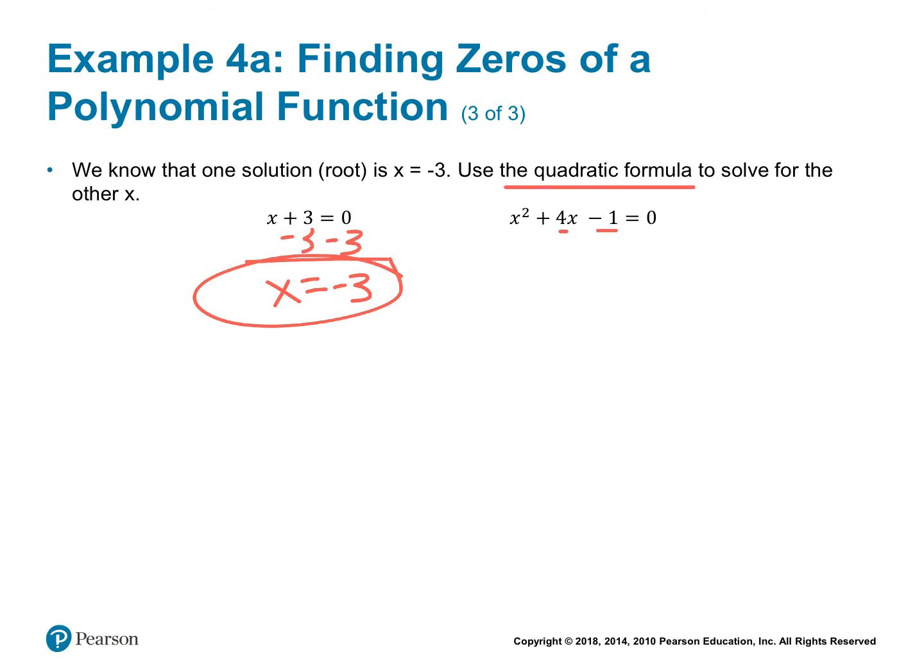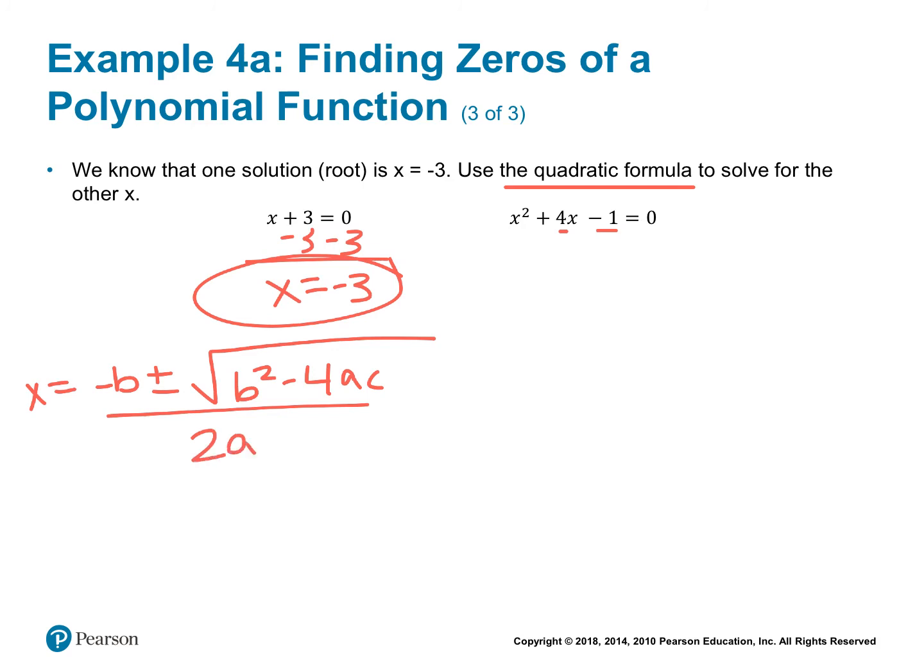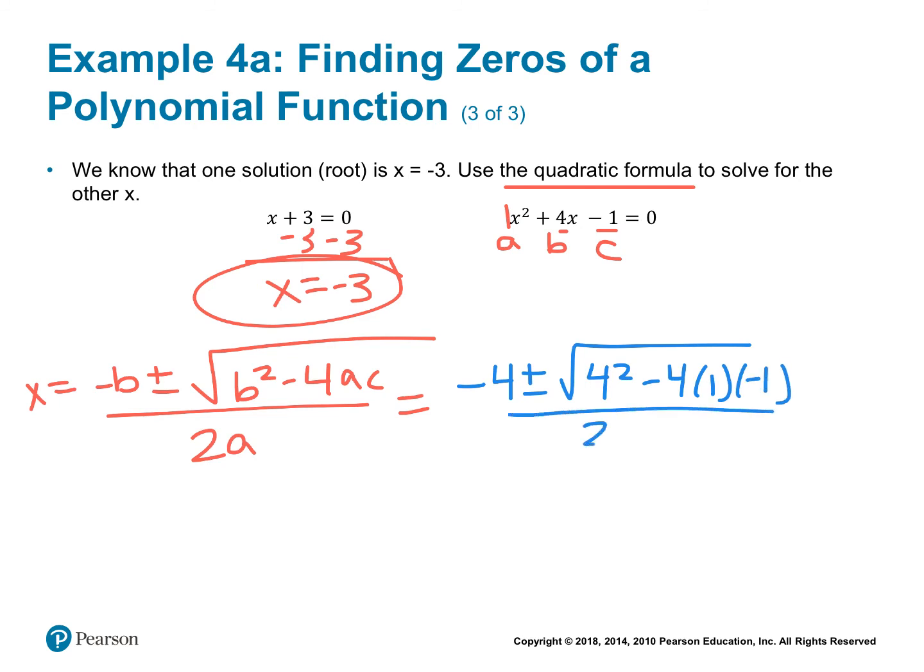If you remember what that is, it's x equals negative b plus or minus the square root of b squared minus 4ac all over 2a. This is my a, b, c. So my b, I need to make it a negative 4 plus or minus the square root of 4 squared minus 4 times a times c, which is negative 1, all over 2a, which is 1.